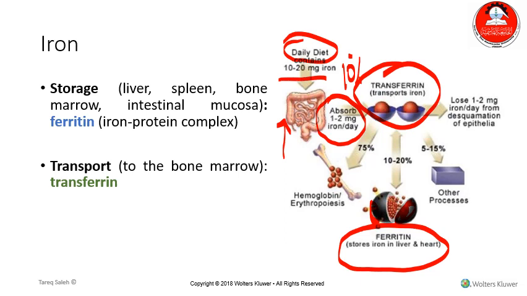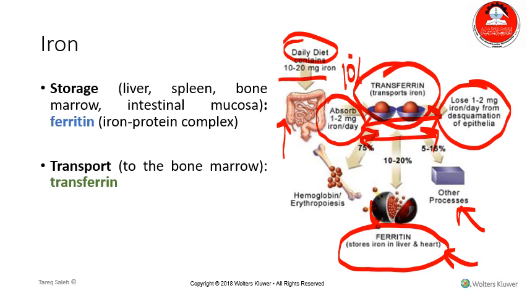Note here that, to keep it balanced, we also lose about 1 to 2 milligrams of iron from desquamation of epithelia, dead and lost tissues daily that get out in stool, etc. So we reach a state of balance, where the daily intake is in equilibrium with the daily loss, while the iron stores in different tissues are okay.